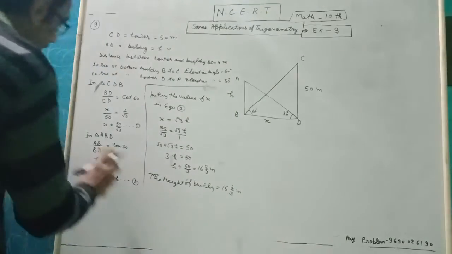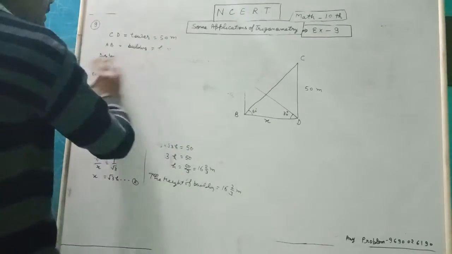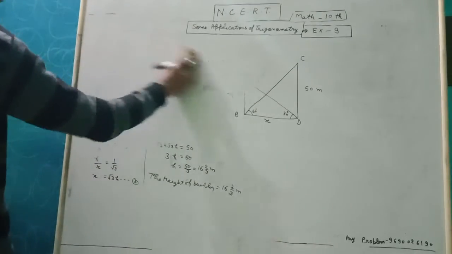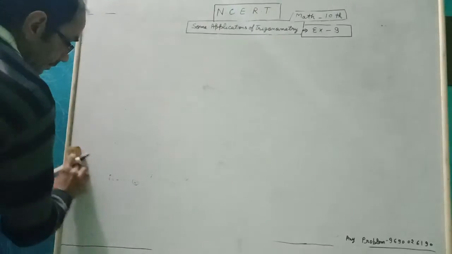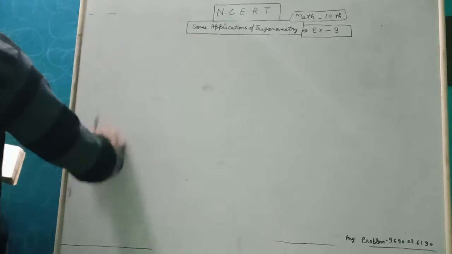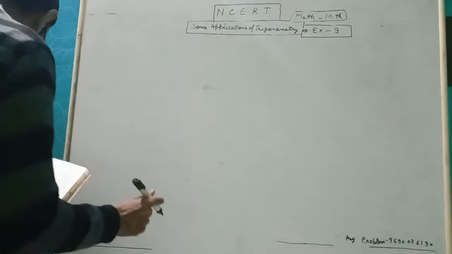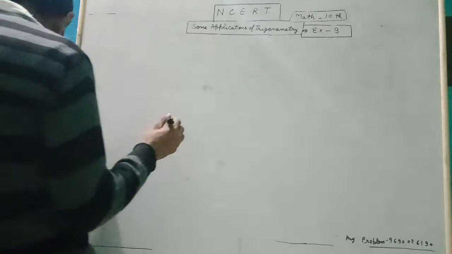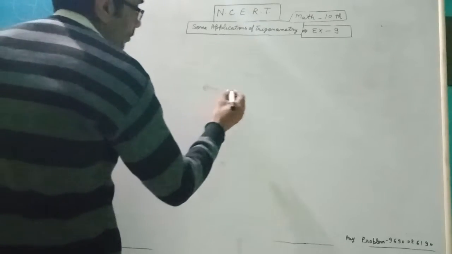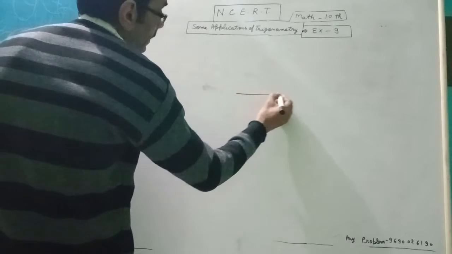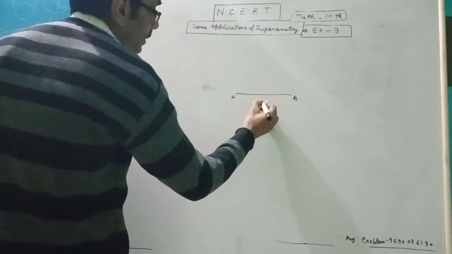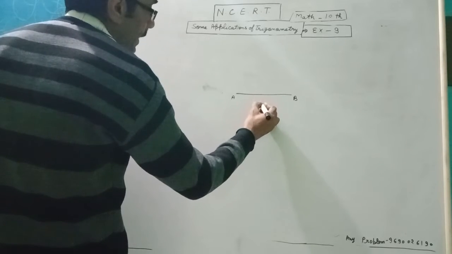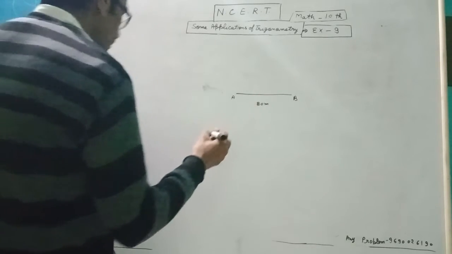Question number 10. What is question number 10? Two poles of equal height are standing opposite each other on the road. AB is the road, 80 meter wide.